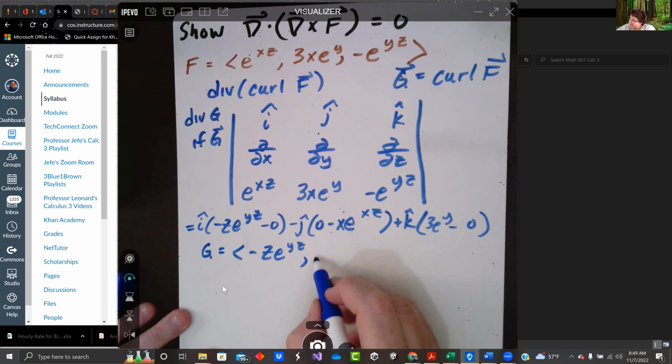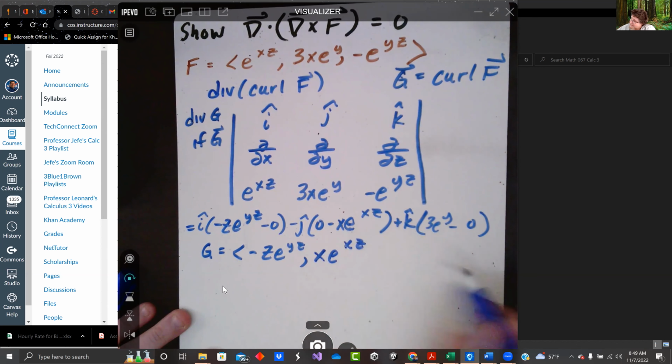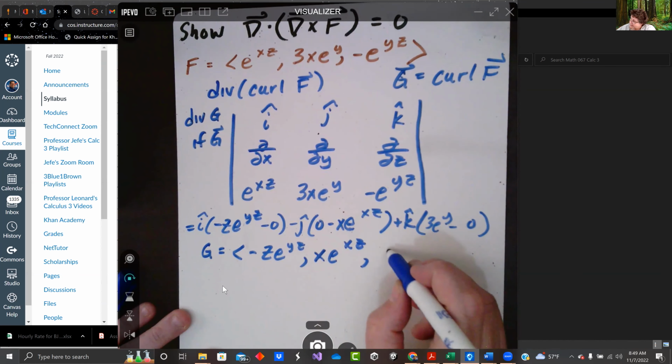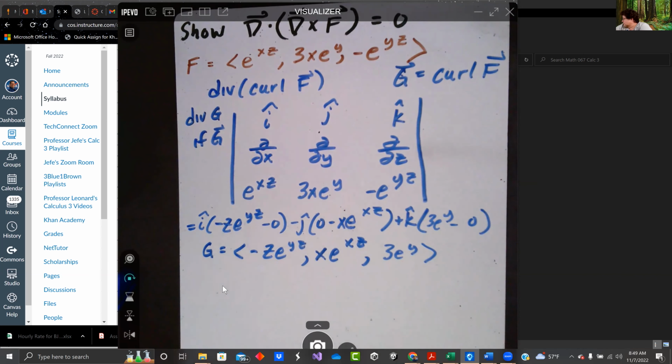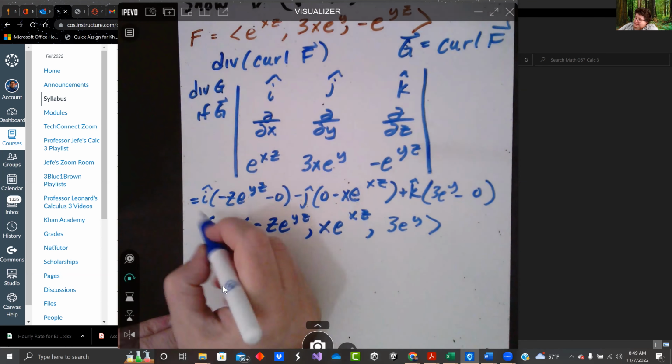The negatives cancel on the j, so I've got x e to the xz there. On k, I got 3 e to the y.